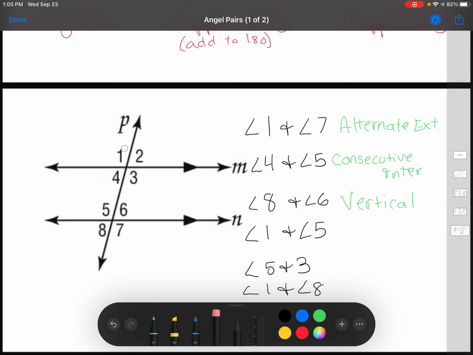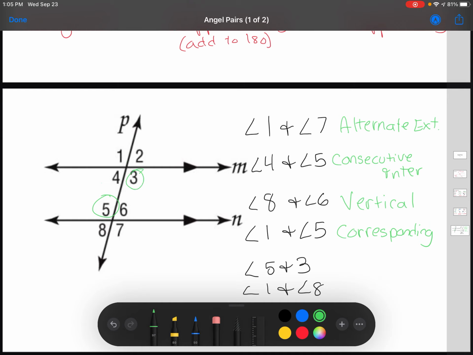Angle 1 and angle 5. Now we've got one inside and one outside, and they're not across from each other. They're in the same spot as each other, so they have to be corresponding. Right? Corresponding.